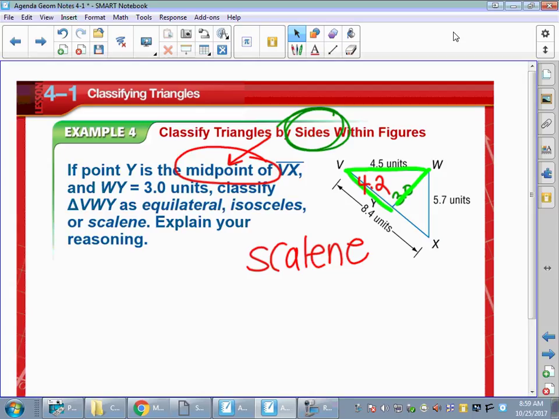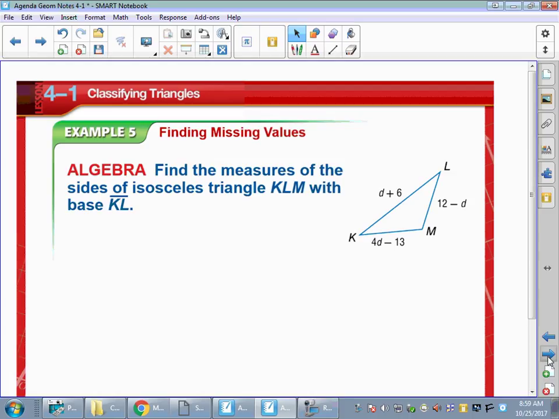All right, let's do a quick setup problem because these are the ones that I like the most. Make you think a little bit, make you use some terminology, and we get to solve an algebra problem in the end. So it says find the measures of the sides of the isosceles triangle KLM with the base KL. So look back. The base in an isosceles triangle, actually, we didn't even define base, did we?